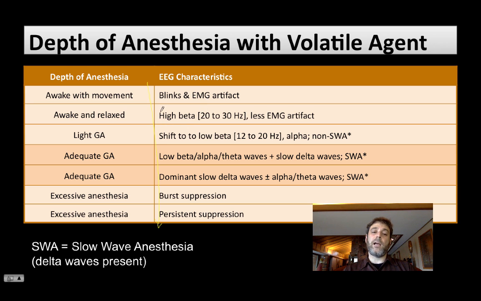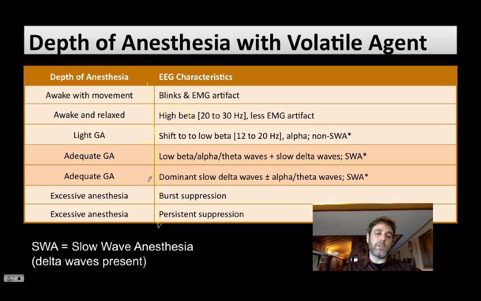You still have the high beta frequencies, and then as you transition to light general anesthesia, you transition to low beta, maybe sigma waves, and then some alpha spindles, but typically not with a robust slow delta pattern.